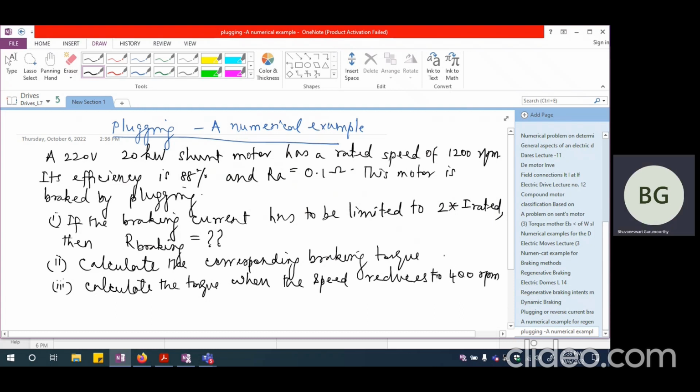Of course, we have to assume that plugging is implemented by reversing the field connection, because we already said that plugging in a shunt motor requires the field connection to be reversed so that the torque generated is a braking torque. So let us try to solve this problem.